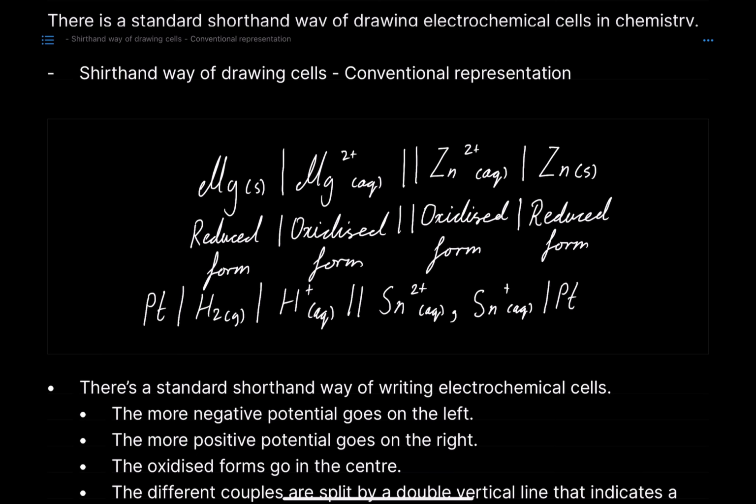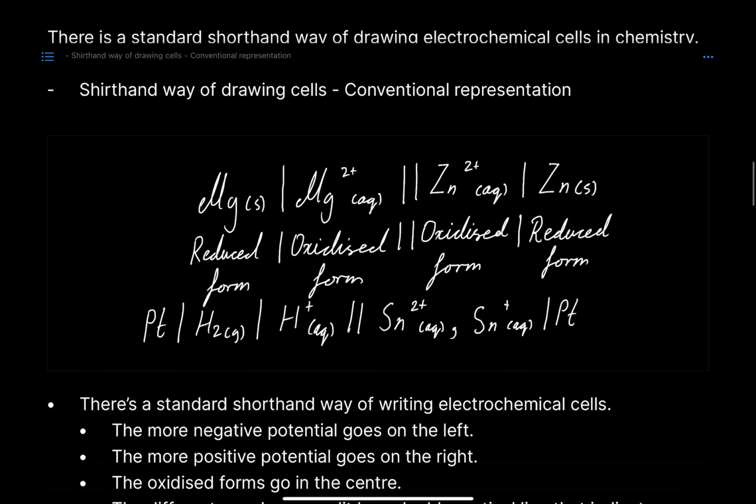So you have the oxidation on your left hand side and your reduction on your right hand side. In between, in the middle, this reaction from Mg to Mg2+ is your oxidation, right?